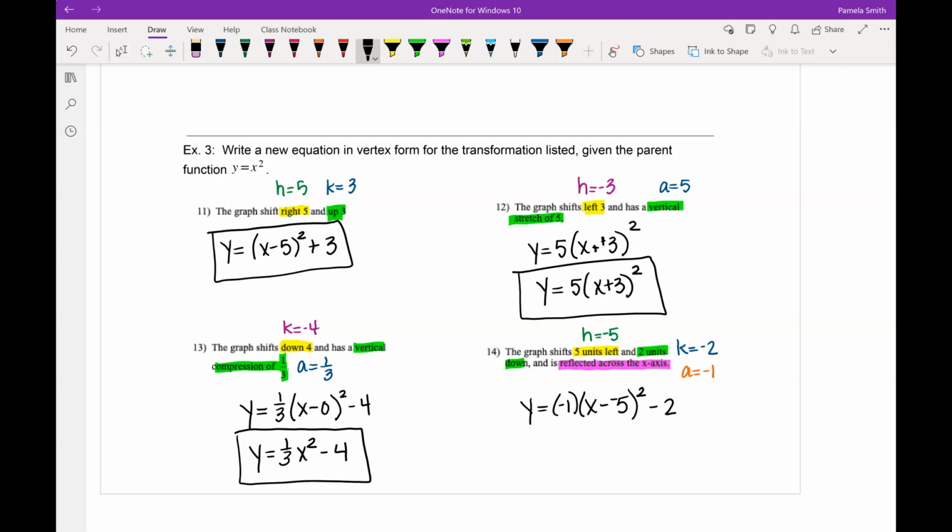Well, we don't usually write the -1 outside. We would just put the minus sign. So we would rewrite this as y equals -x plus 5 quantity squared minus 2.